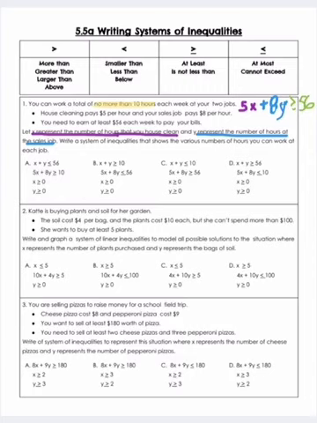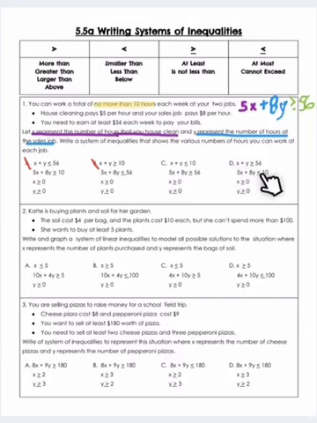So definitely not A. We can cross that one out. And we're looking at B. We have 5x plus 8y, we have to be greater than 56, so we can cross that one out. 5x plus 8y is greater than or equal to 56. Perfect.